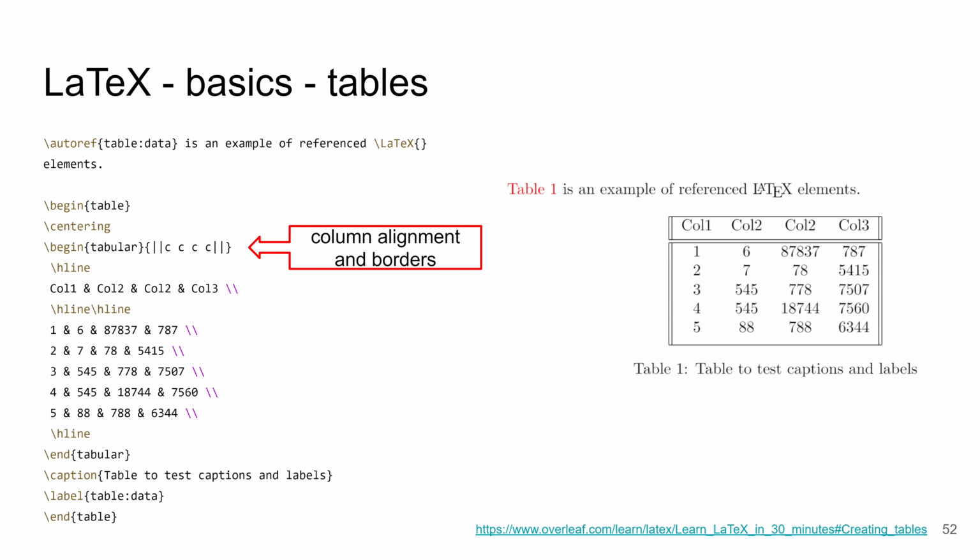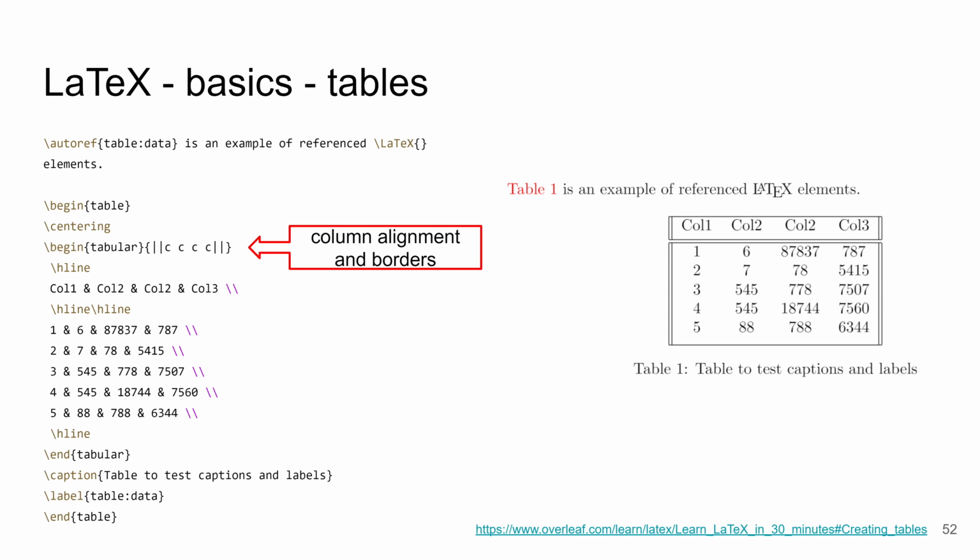Another thing that is quite common in LaTeX are tables. So for tables, there is the table and tabular environments, and the tabular environment you can set up with the column format and separators. So two pipes mean that there will be a double line. A space means that there will be no line, for instance, between column 1 and 2.